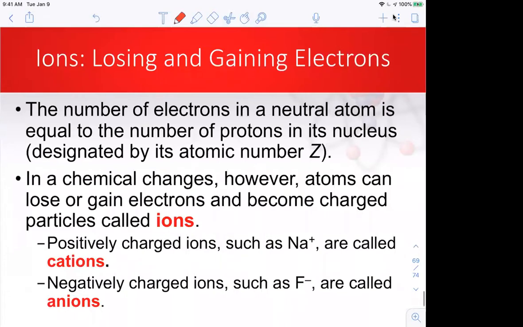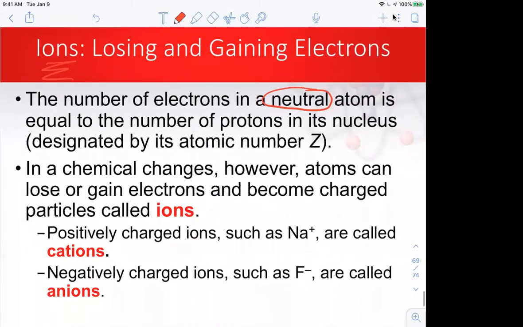Now, ions. Remember when I said that the number of electrons in a neutral atom is equal to the number of protons in its nucleus? When elements undergo chemical changes, sometimes atoms can gain or lose electrons. In this case, they become charged particles and they're called ions.